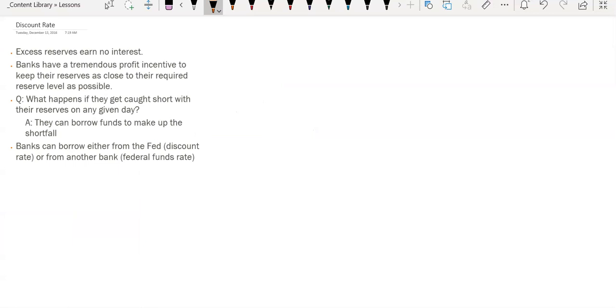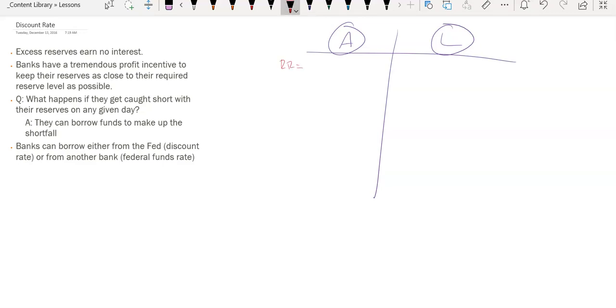So if we think about this, remember, we'll go through this in more detail next week, but an assets and liabilities table. So assets are things you own, liabilities are things you owe, right? So let's say over here you have your required reserves. Let's say you have $20 in your required reserves, and in your excess reserves you have $80.